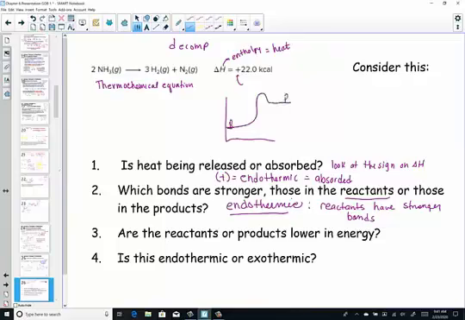Here's our energy on the y-axis, and energy goes up. The difference between the reactants and products is known as your delta H. And this would need to absorb 22 kcals of energy for every mole of reactant.